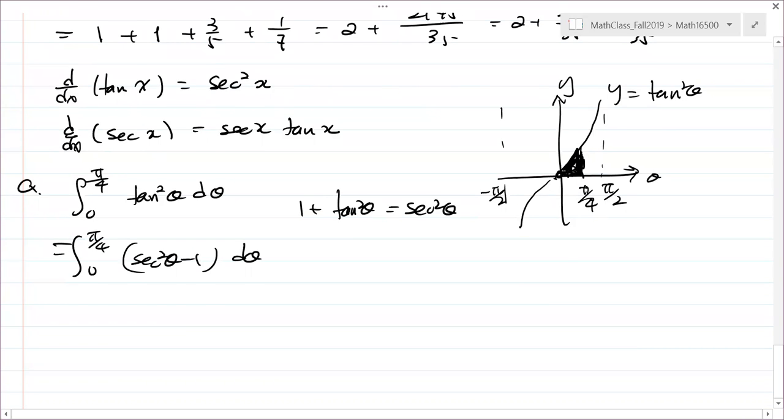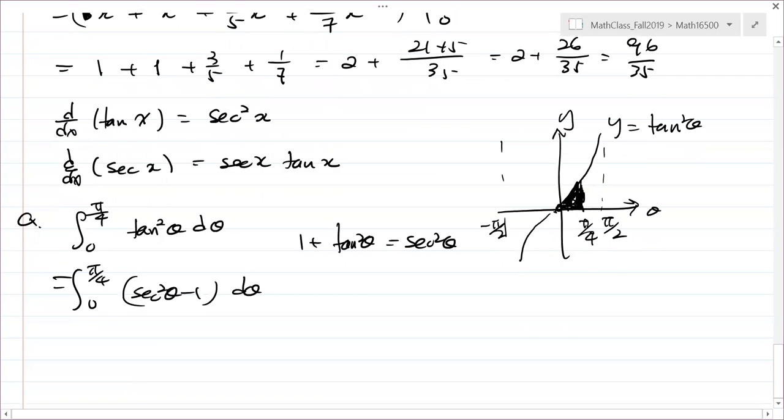Now, how can I find the antiderivative of this? I know secant squared theta is the derivative of tangent theta, so the antiderivative is tangent theta minus theta, because the derivative of theta is 1 and the derivative of tangent theta is secant squared theta.